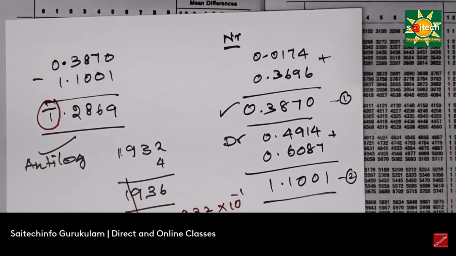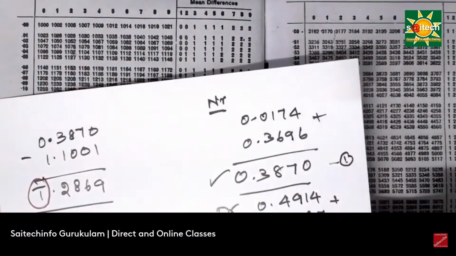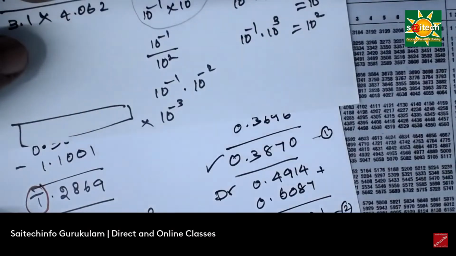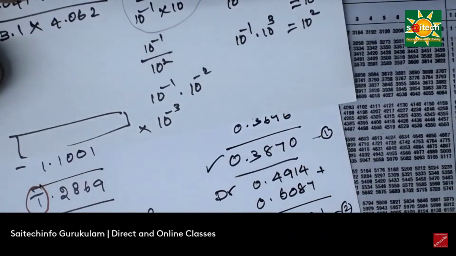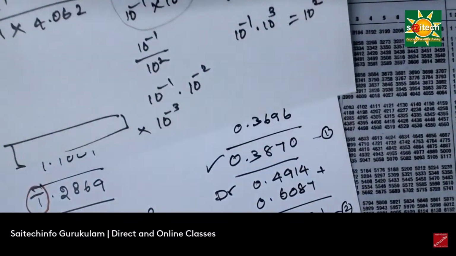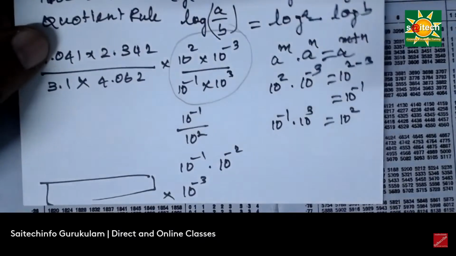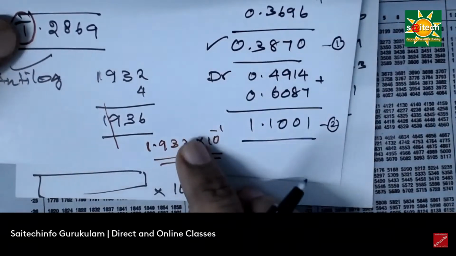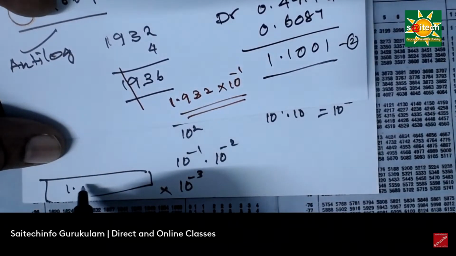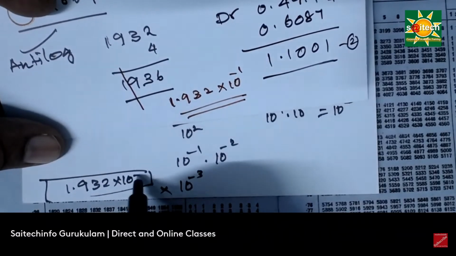Now we cannot stop with that because we already have this one, 10 power minus 3. So 10 power minus 3 means here you have 1.932. You can include this. Okay. So this is the answer, 1.932. You can include here 1.932 into 10 power minus 1.